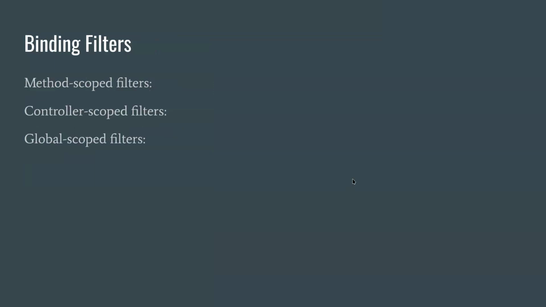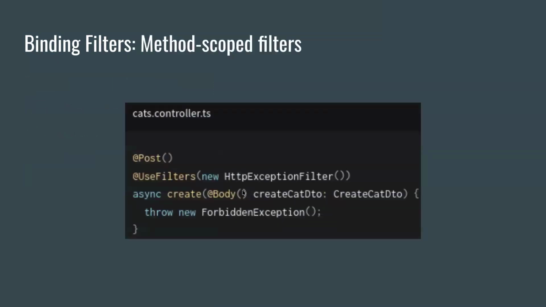Binding filters. So you can bind exception filters at different levels within your NestJS application. There are three types of filters: method scoped, controller scoped, or global scoped filter. For method scope filters, you can use the use filters decorator directly on the method. So as you can see, we have use filters that creates a new HTTP exception filter.